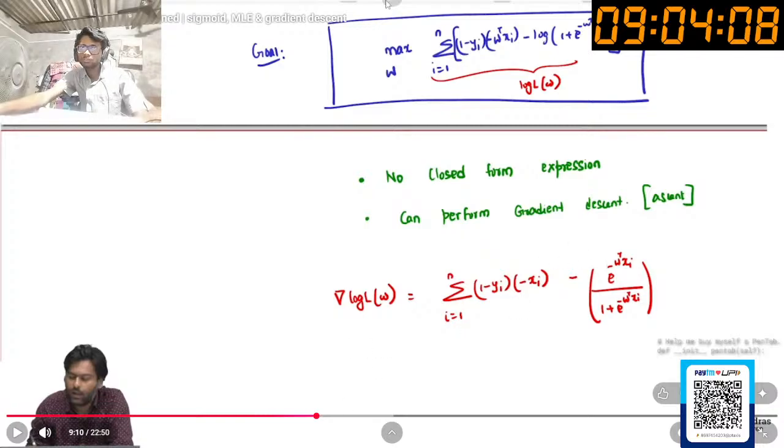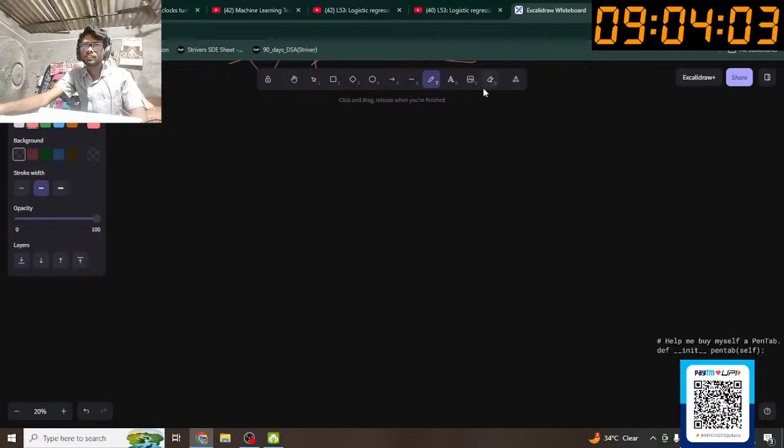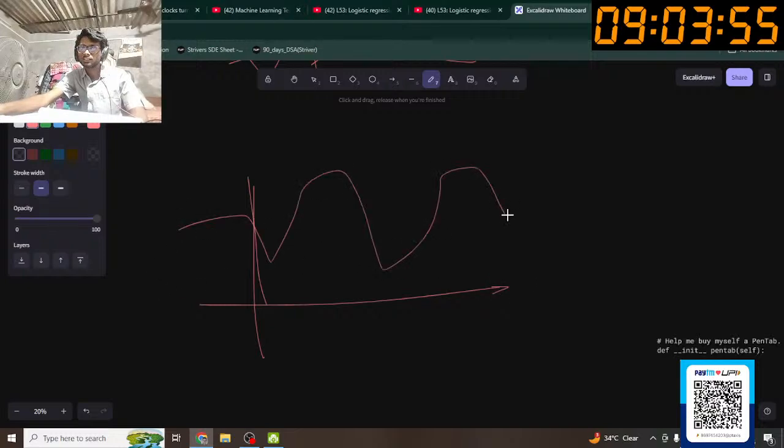And if you need to understand why that's the case, whenever there is a function, let's say a 2D function with some kind of smooth curve like this, and we need to maximize or minimize the value of the function, what we do is take the derivative with respect to the independent variable.